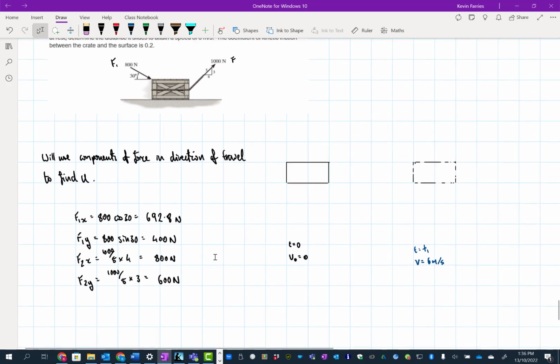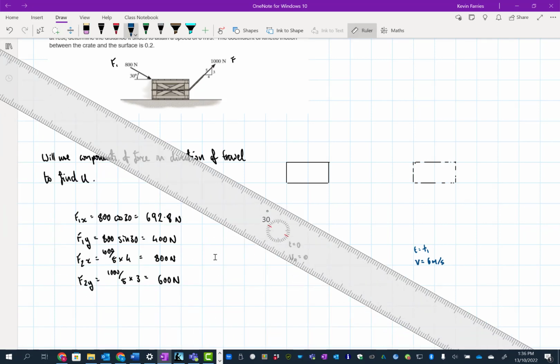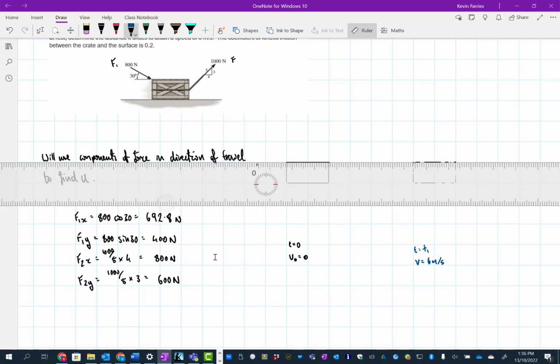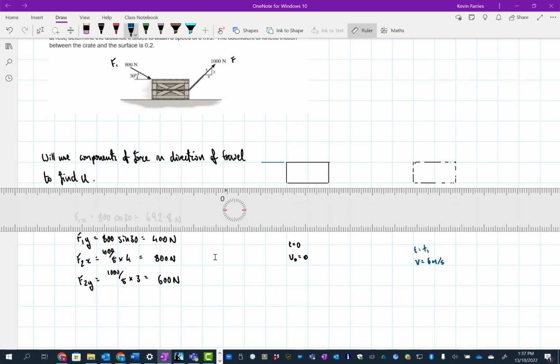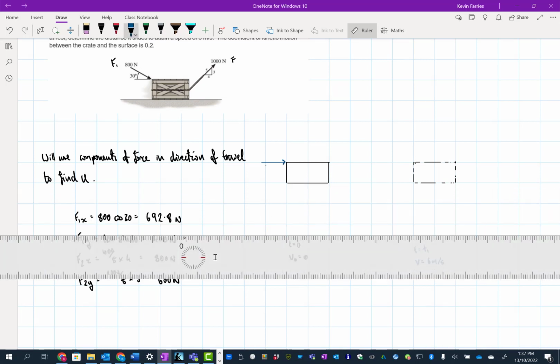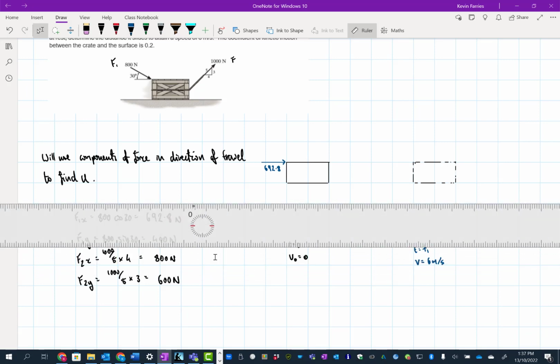Let's just start putting things onto our free body diagram. So remember the free body diagram doesn't show anything except the object or objects that you're interested in. The objects being joined together has to be a rigid body, but so we're going to have 692.8 newtons.